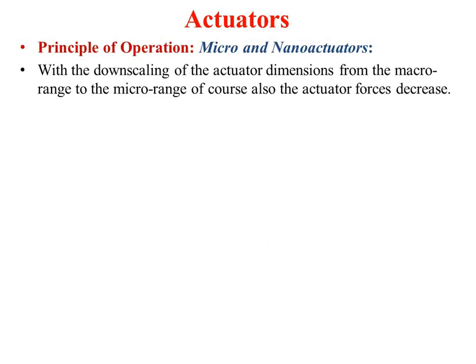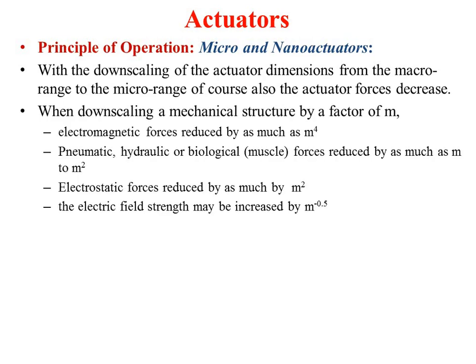Now whenever you downscale the actuator dimension from the macro range to the micro range, where macro range means greater than 15 mm and you are moving towards micrometers, of course the actuator force decreases. So when the dimension is decreased, the actuator force will also decrease.